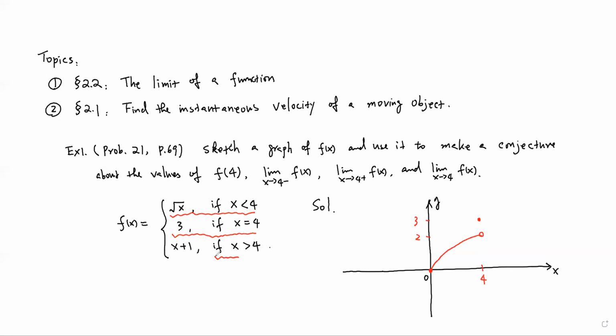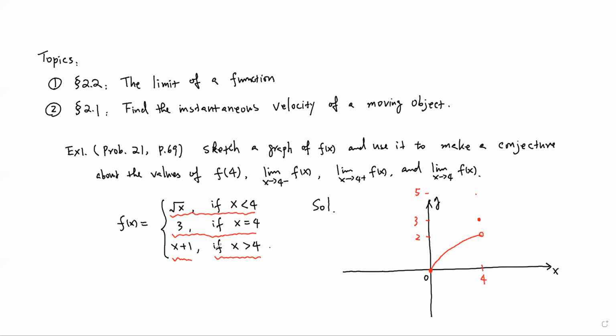When x is greater than 4, the function is x plus 1. The graph is a line. To draw a line, I need only 2 points on the line. When x is 4, x plus 1 is 5. 5 here.